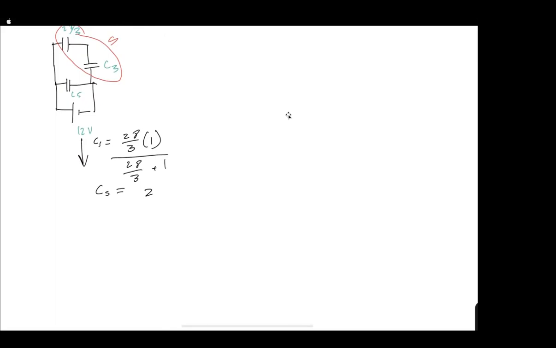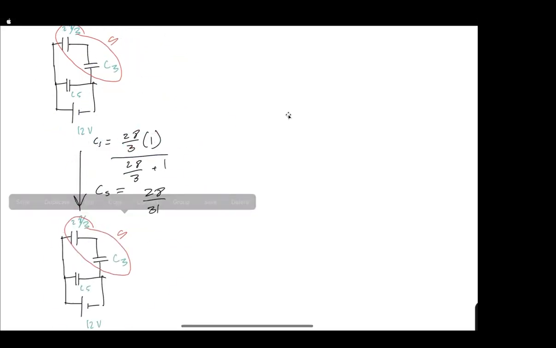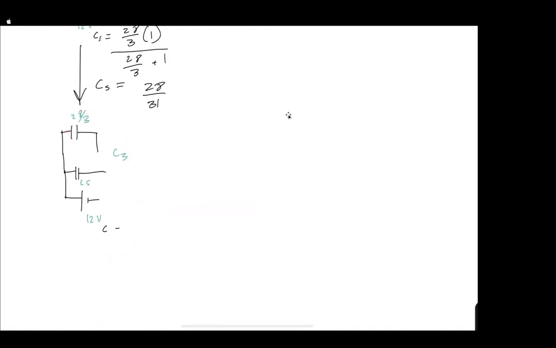CS is equal to 28 over 31. Redraw again. Sorry, my drawings are a little crude here. Like this. 28 over 31.